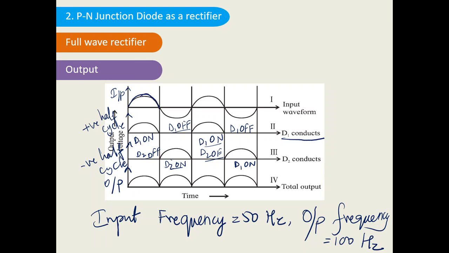This is the positive half cycle, and the output is present. This is the negative half cycle, and the output is present, again positive. So for one complete cycle, we are getting two positive cycles, which means the frequency is getting doubled. Remember that in the case of the half wave rectifier, the frequency remains the same, but in the case of the full wave rectifier, the frequency gets doubled. So the output frequency is double that of the input frequency.